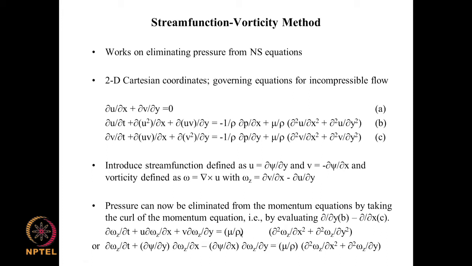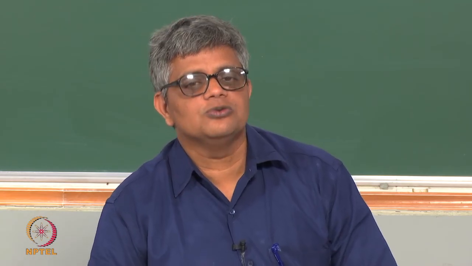So, we introduce a variable called the stream function. You must have heard about this in your fluid mechanics courses. Lines of constant stream function value are the streamlines, and flow cannot cross through the streamlines. So, if you have a stream tube, then the flow that is inside will come out of one of the ends of the tube.